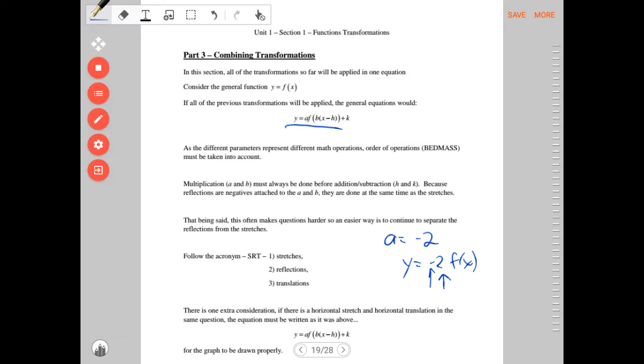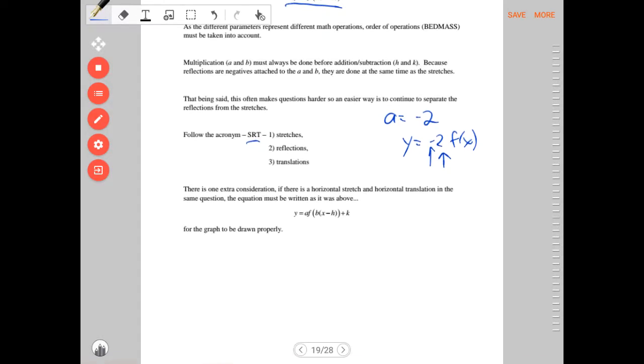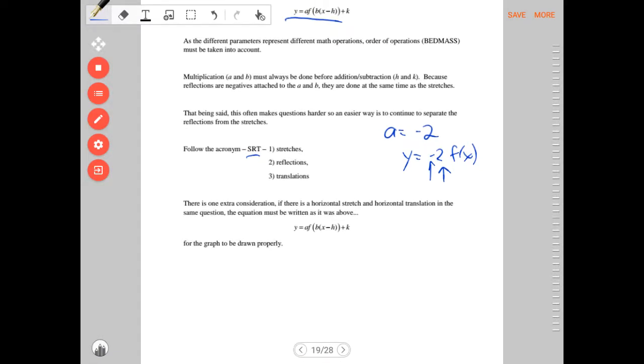If we do that, then we can follow the acronym SRT: stretches, reflections, translations. And that will give us the correct order of operations. There is one extra consideration though, funny, isn't there always? If there is a horizontal stretch and a horizontal translation in the same question, the equation has to be written as it was above.